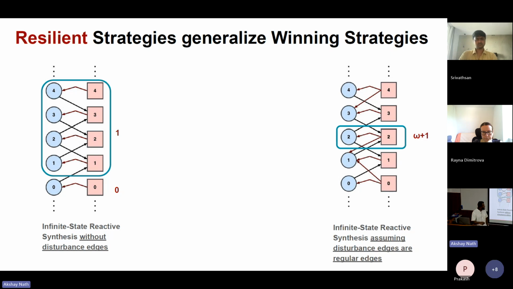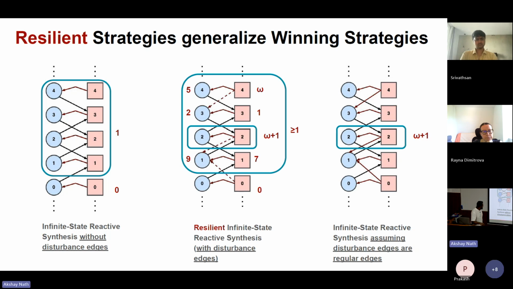So these states are essentially omega plus 1 resilient because they can handle even an infinite number of disturbance edges, right? Because we assume the most powerful environment and still these states are winning. Now, in the resilient infinite state reactive synthesis world, where we have disturbance edges, we have a gradient.